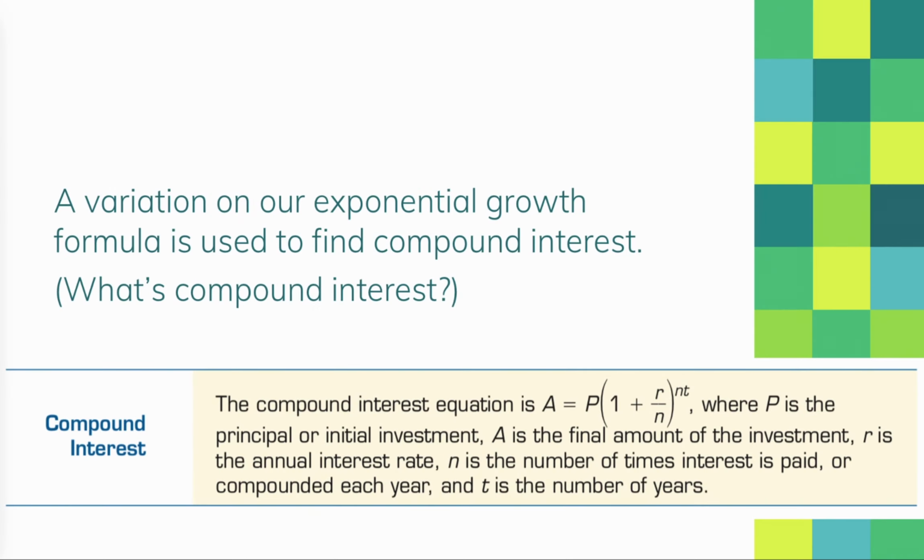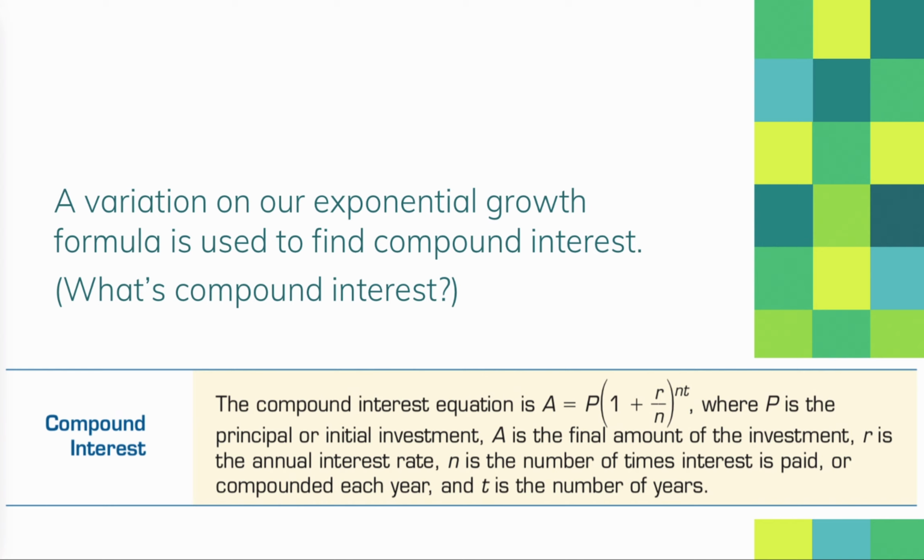A variation on our exponential growth formula is used to find compound interest. Compound interest is when you invest money. When the interest is compounded, the interest that you earn on your money goes into the account and you start earning interest on your interest. And that's what makes compound interest an exponential function rather than a linear function.